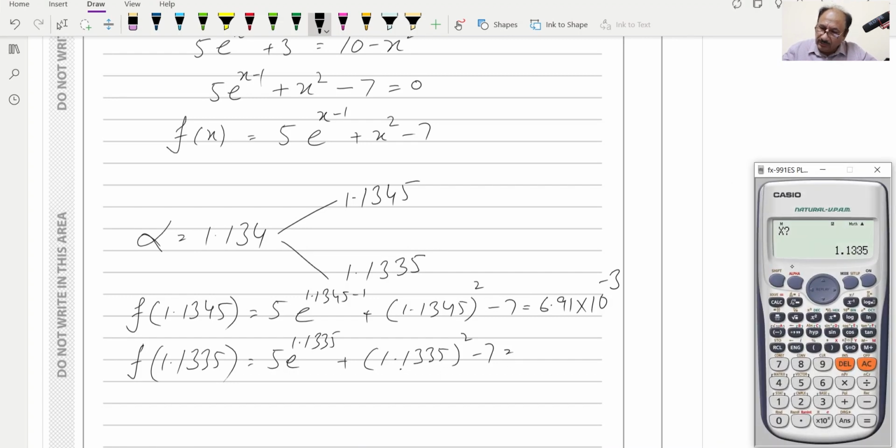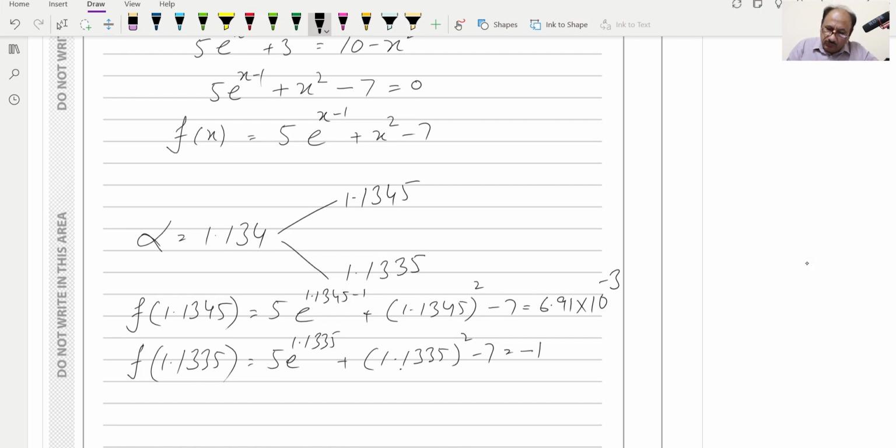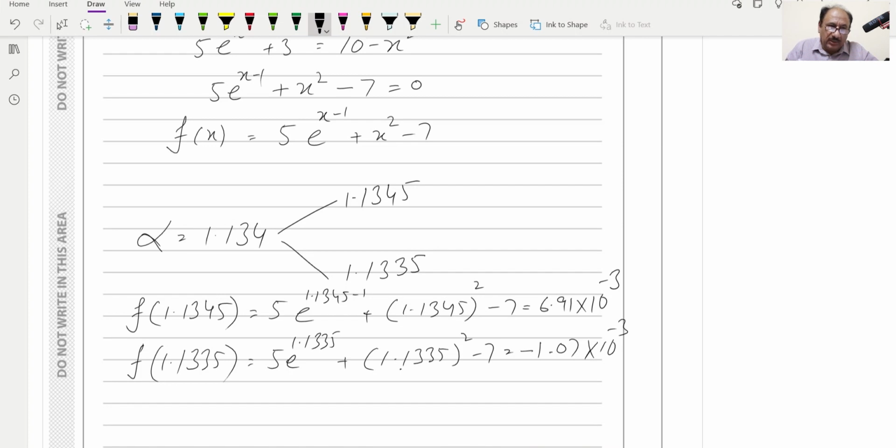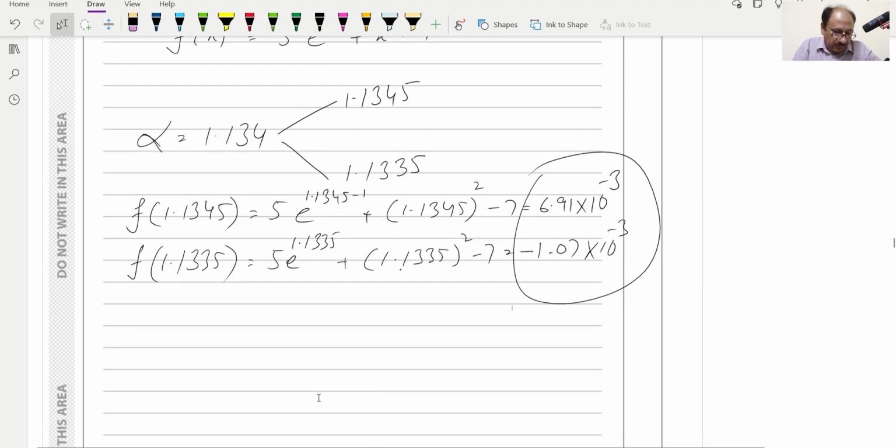Calculating for this, we will get minus 1.07 into 10 raised to the power minus 3. And we can see there is a sign change happening over here, so we can write here sign changes.